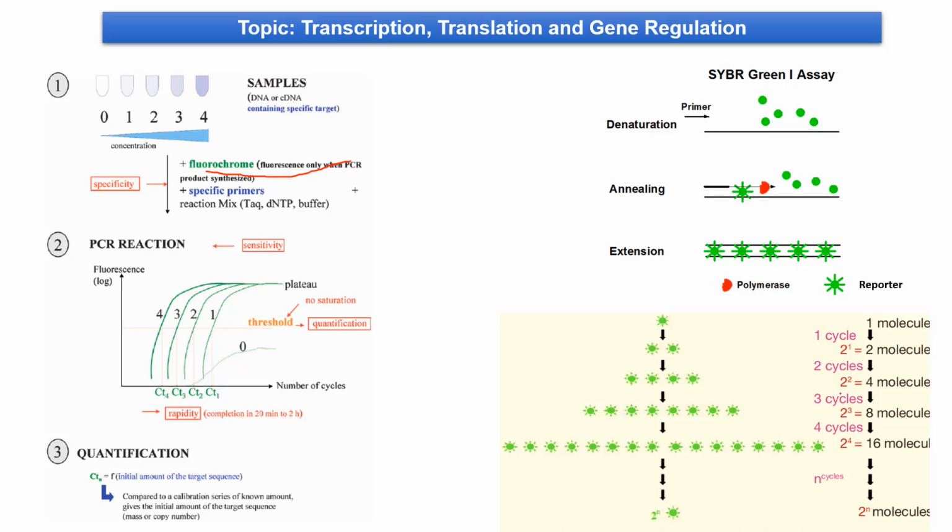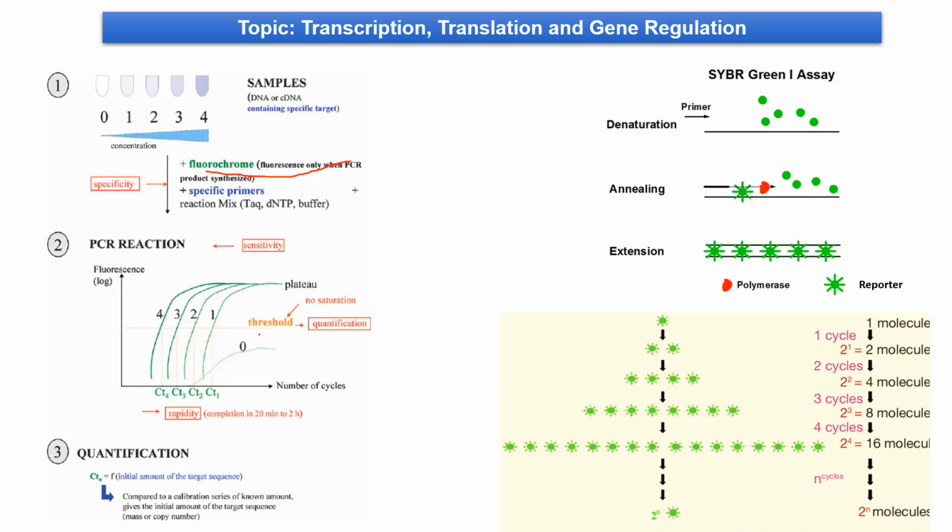Here we are starting with one molecule, but if the starting material is more, then the number of molecules at the end of each round will also be more. After the PCR reaction, we measure the fluorescence and the number of cycles, and there is a threshold value.